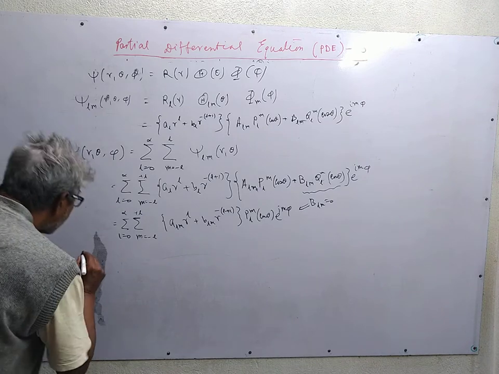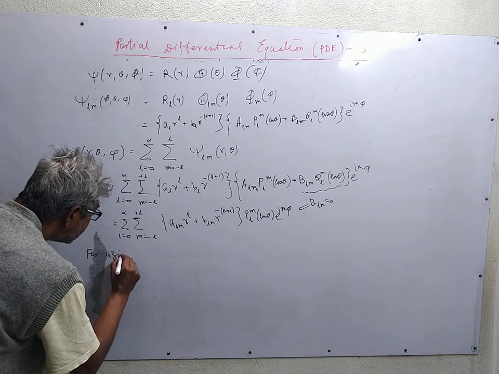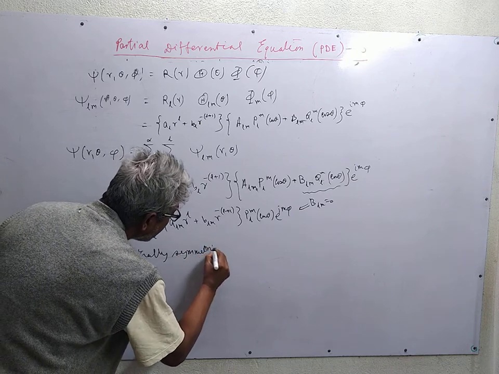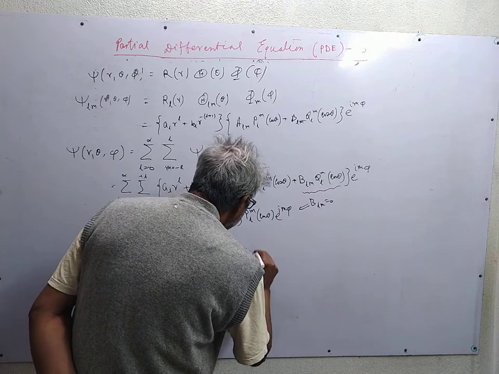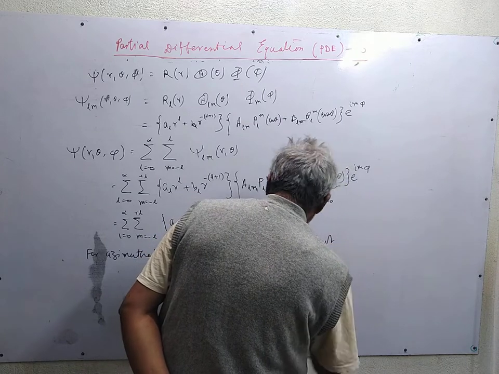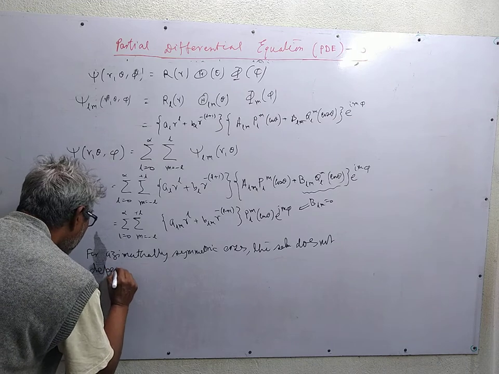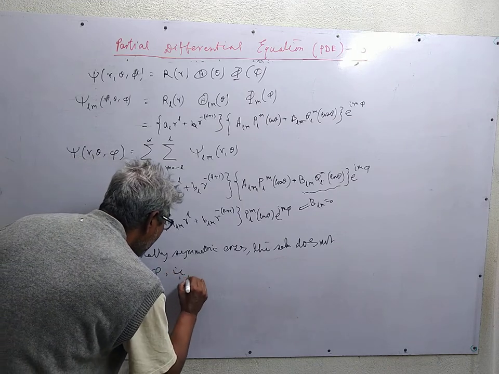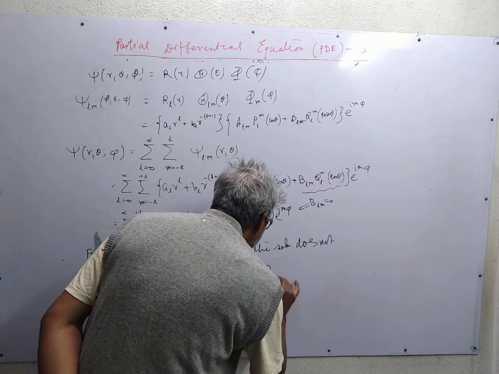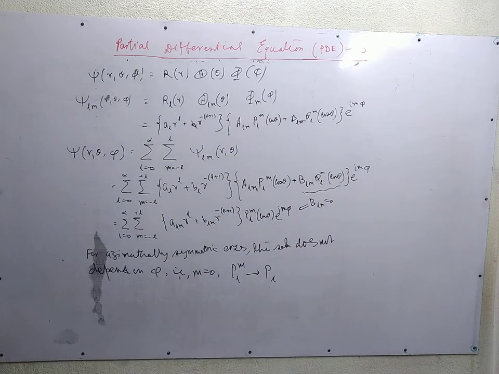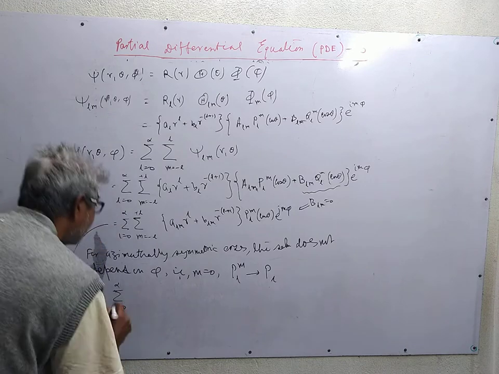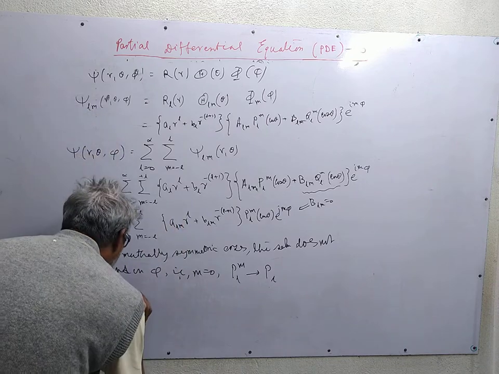For azimuthal symmetric cases, the solution does not depend on phi, that is M is equal to 0, whence PLM reduces to simply a Legendre differential equation, and the solution in which case becomes the sum over L is equal to 0 to infinity, no need of introducing PL.